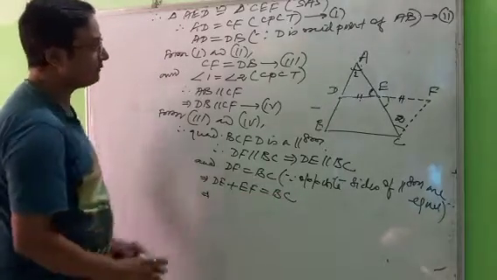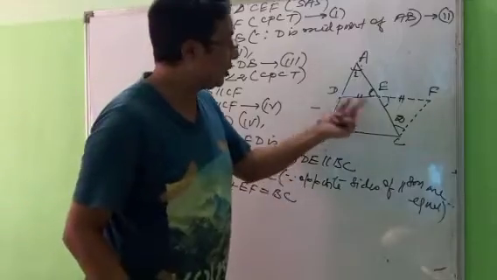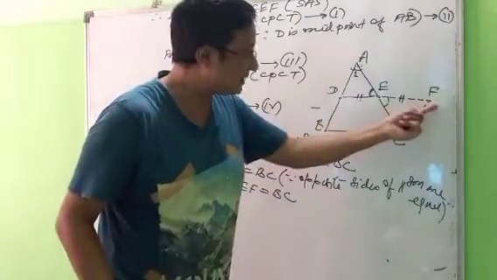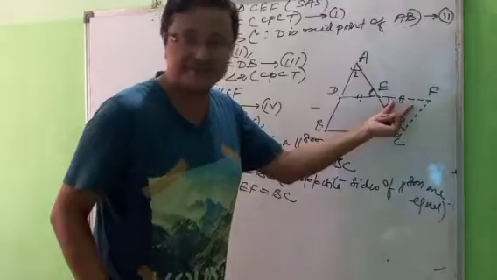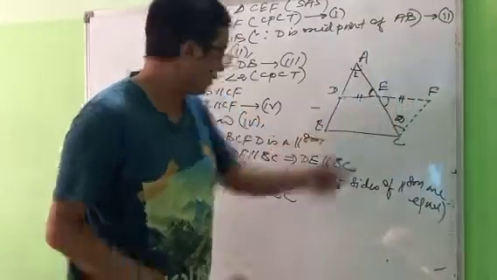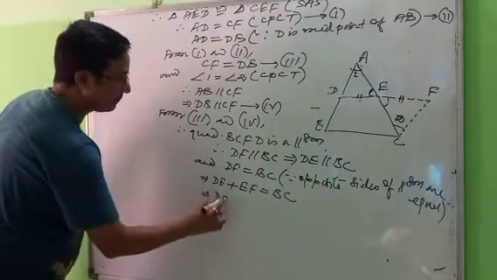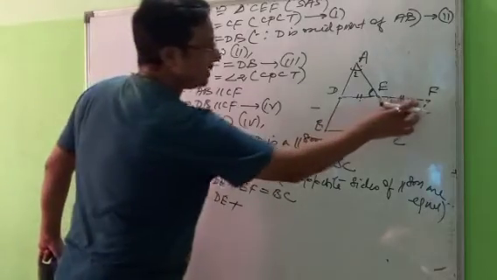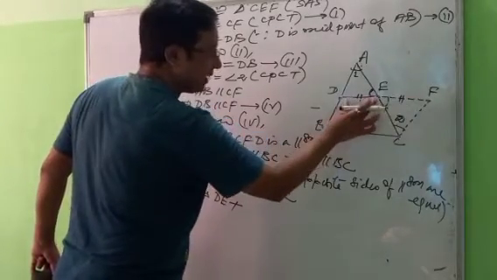Now you have made it through construction that you have produced DE to F such that DE equals EF. So in place of EF, you will write DE.